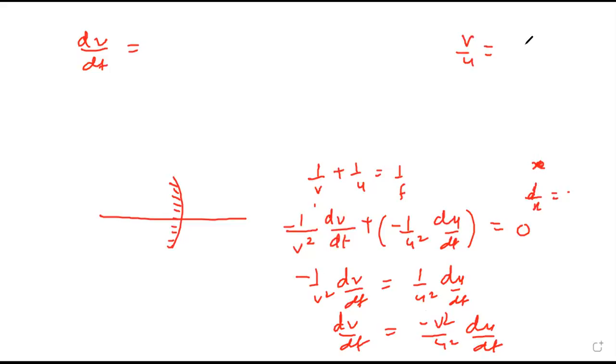It is nothing but the linear magnification, which you can write as f upon u minus f. Just minus m, then it will be opposite. So v upon u will be f upon u minus f. So minus v square upon u square.